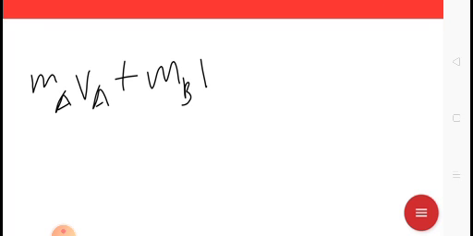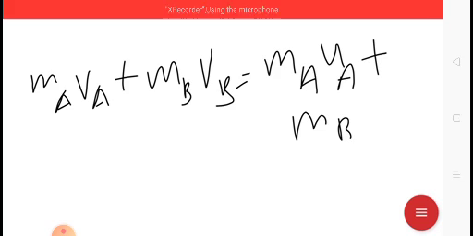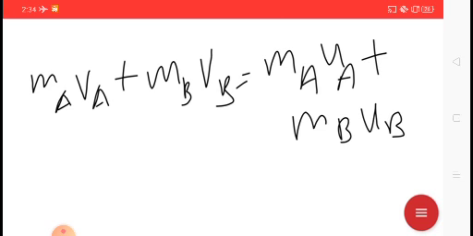The simple way will be m_A v_A plus m_B v_B equals m_A u_A plus m_B u_B, or m1 v1 plus m2 v2 equals m1 u1 plus m2 u2.